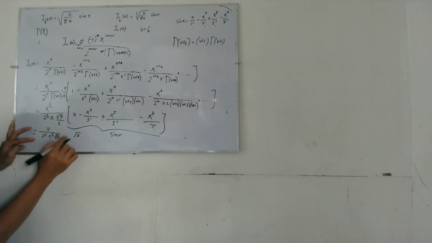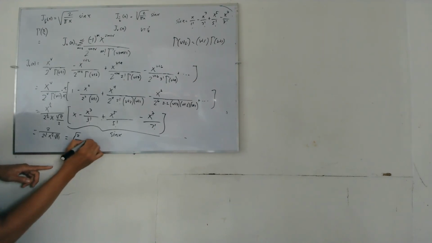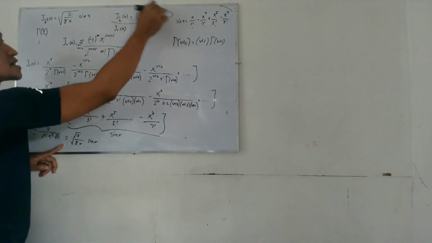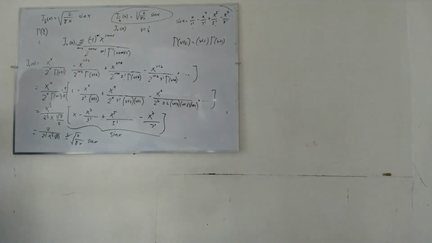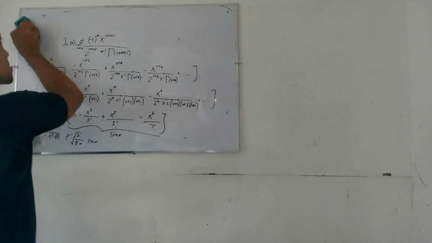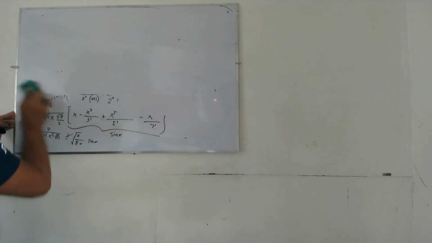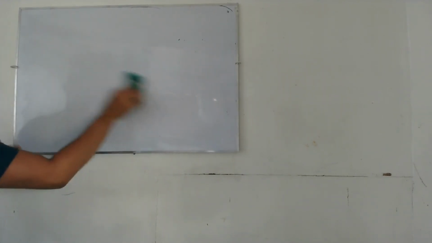Tama. Mahimo na sa square root of 2 pi x times ani sin x. Okay? So mo na siya. Medyo taas ka nga process. Taas na process, no?